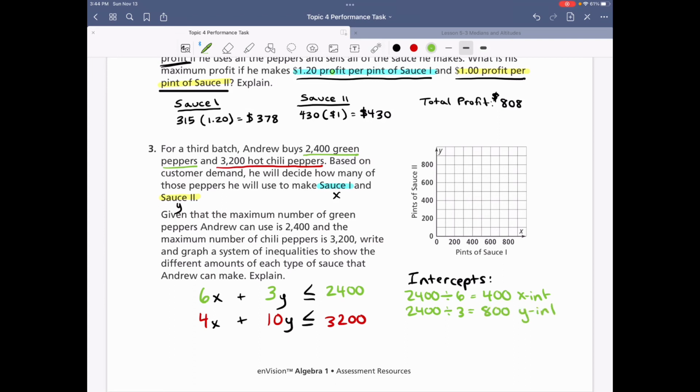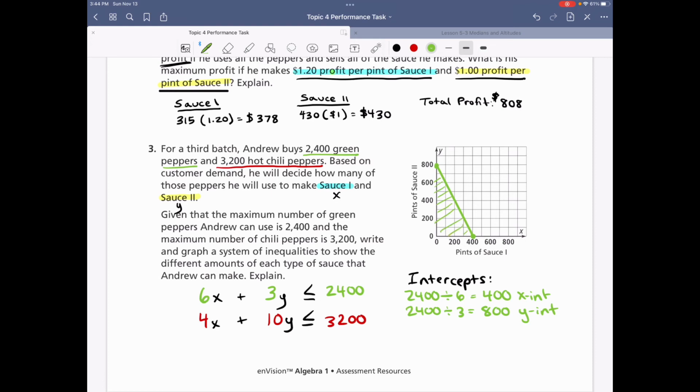And then I'm going to graph it. So for my x, I had 400, that's pints of sauce 1. And for my y, I had 800. And I will use a solid line because it was less than or equal to. And then I will lightly shade below.